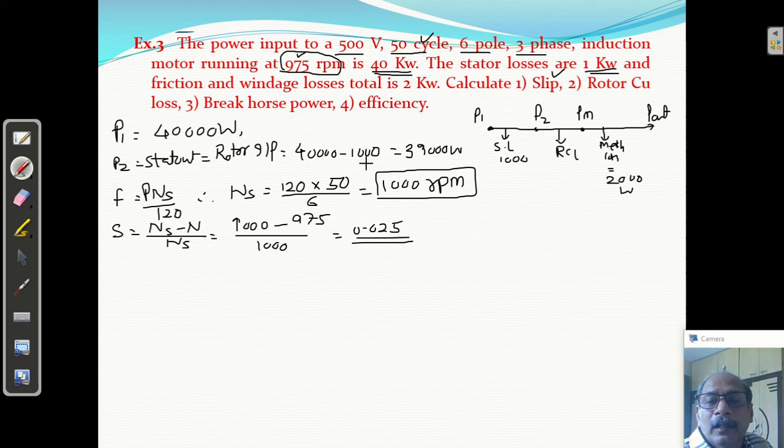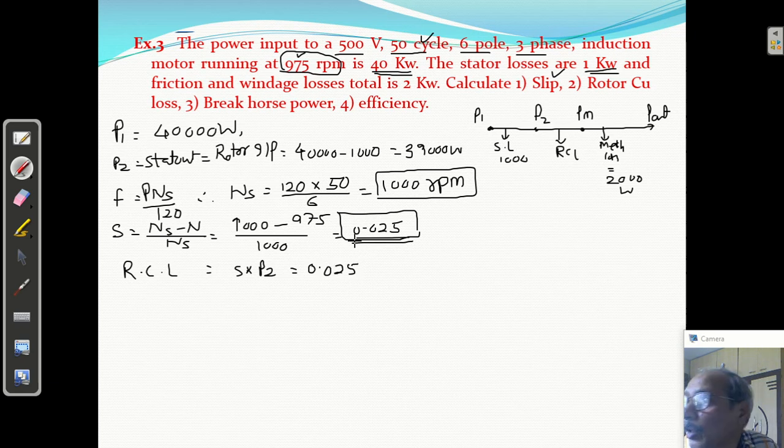That is the rotor copper loss. Now you know P2. Rotor copper loss, the second part, equals S into P2. S we know, 0.025, into P2, which we calculated as 39,000.